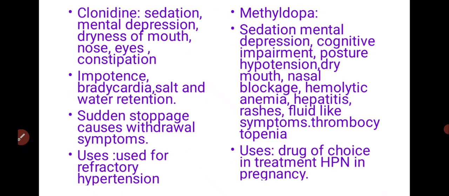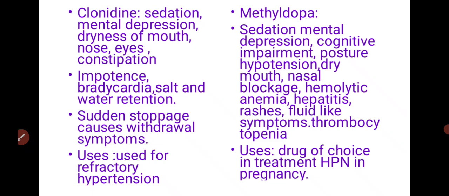Apart from that, it has central effects like sedation and mental depression, and because of decreased sympathetic outflow it may cause bradycardia. Because of decreased sympathetic outflow, renal blood flow is decreased, so RAS activation may take place. Sudden withdrawal may cause clonidine withdrawal symptoms. That's why this is not preferred as a first-line drug.